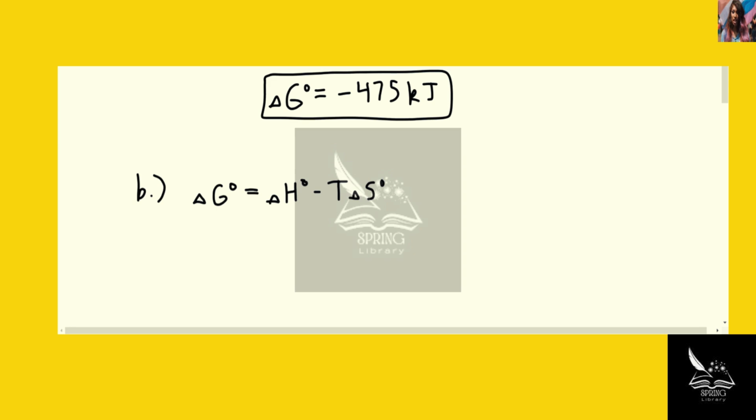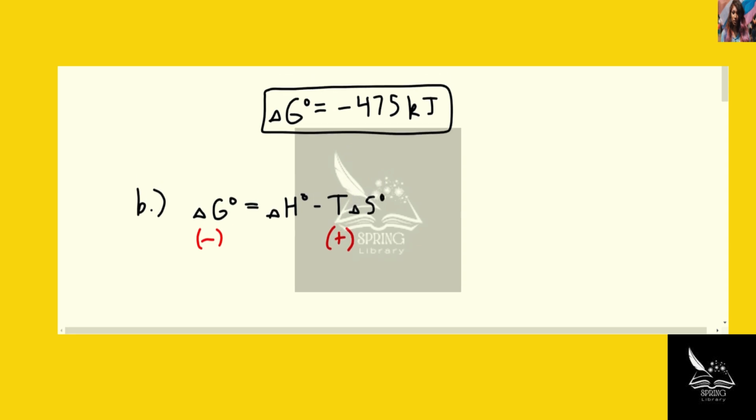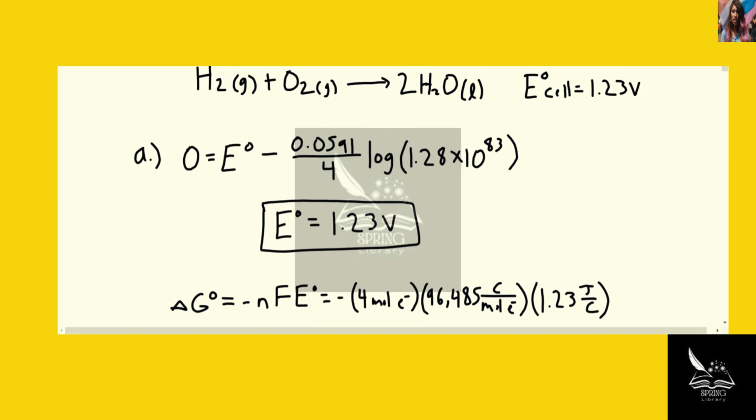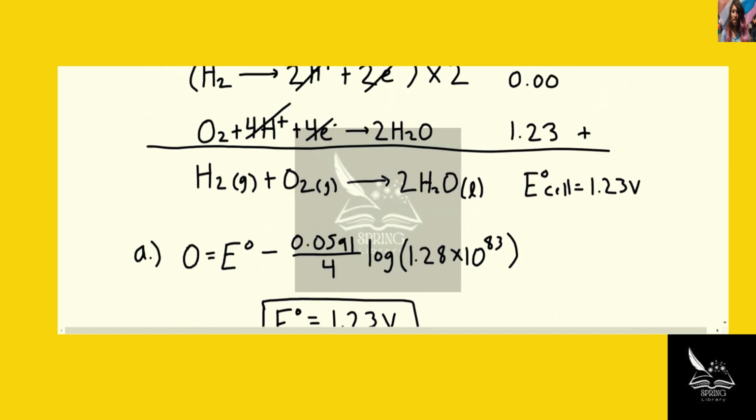Well, we know from part A that we calculated a value of delta G at standard conditions to be negative. We know that temperature has to be positive, since we are in the absolute temperature scale of Kelvin, to cancel off units of joules per Kelvin for the change in entropy delta S. And we know that Kelvin can only have positive units, it cannot be negative.